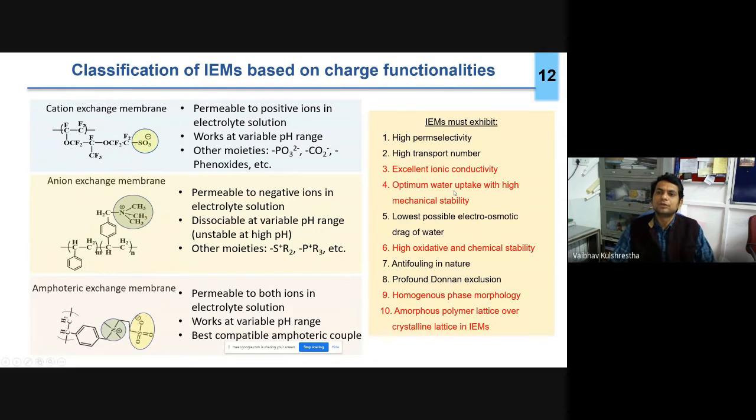The membrane should be highly conducting and should store an optimum amount of water, not a high quantity of water, otherwise it will lose its stability. It should have the lowest possible electroosmotic drag; water should not pass through the membrane. It should be highly chemically and oxidatively stable. The membrane should be fouling resistant, and a homogeneous phase morphology is good for any membrane.